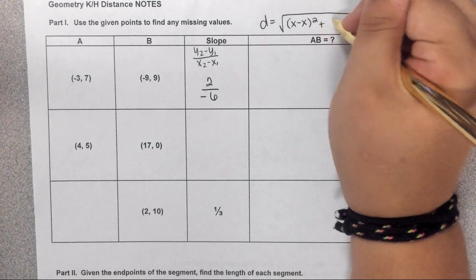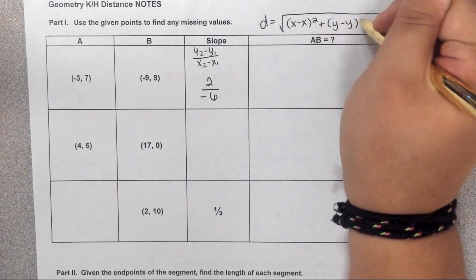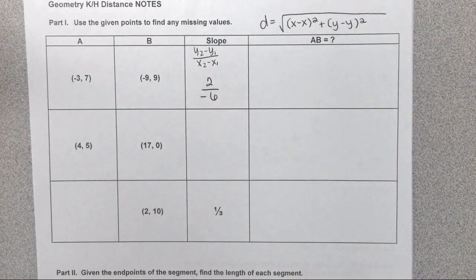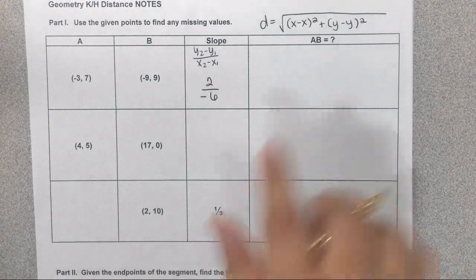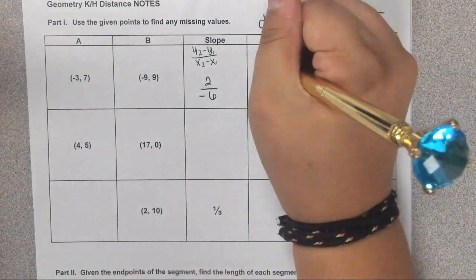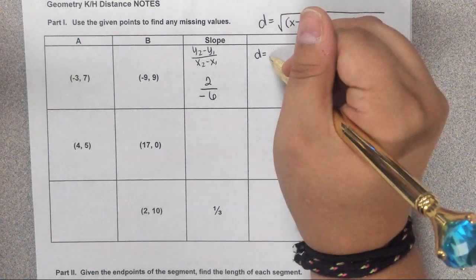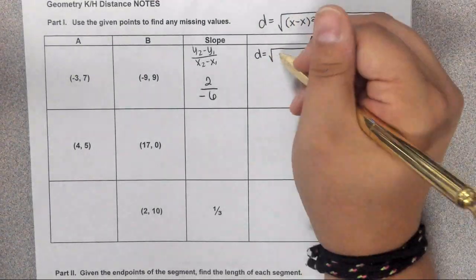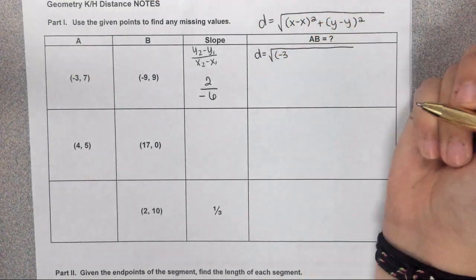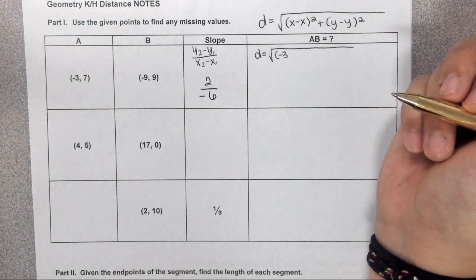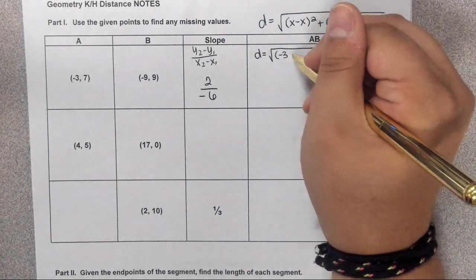Also, a reminder, you will have to have this memorized. I will not give it to you on a test. Okay, so I'm going to plug in here. D equals the square root of negative 3, what? Y plus.